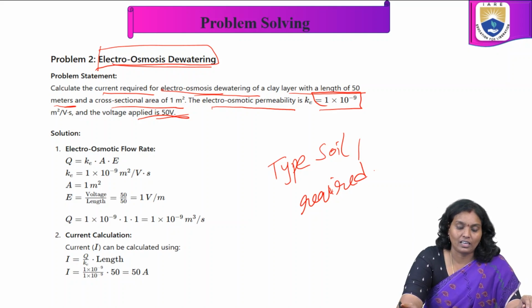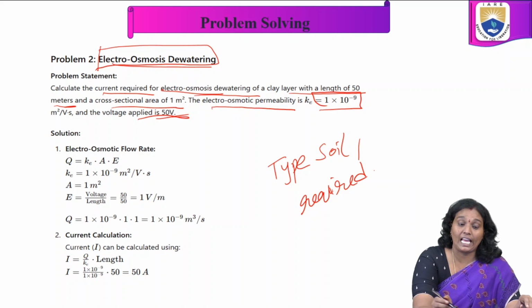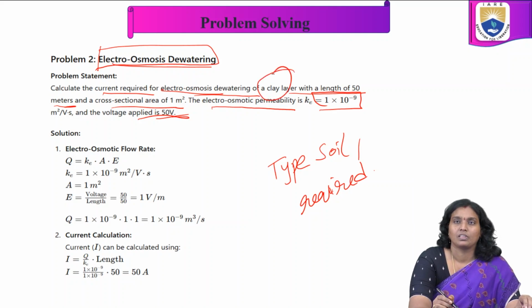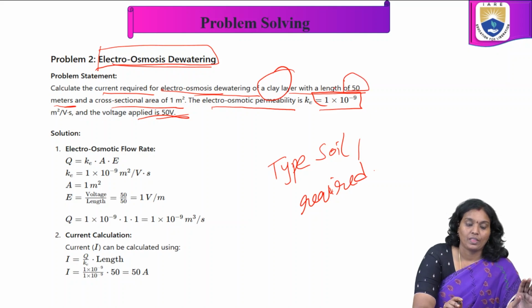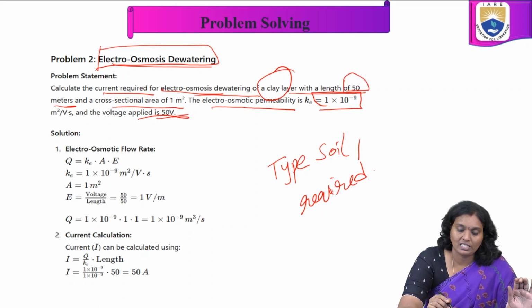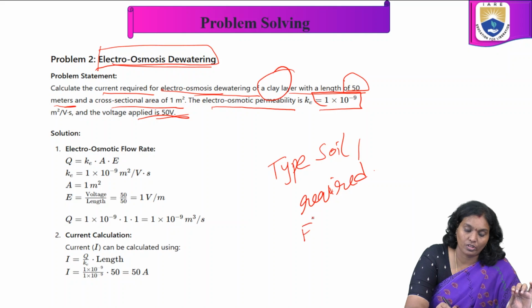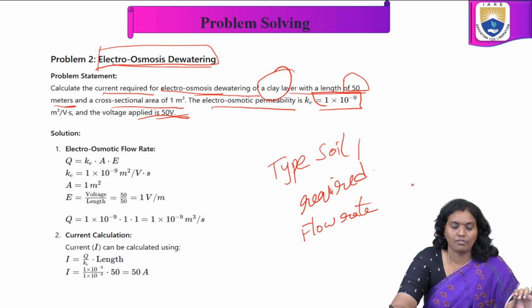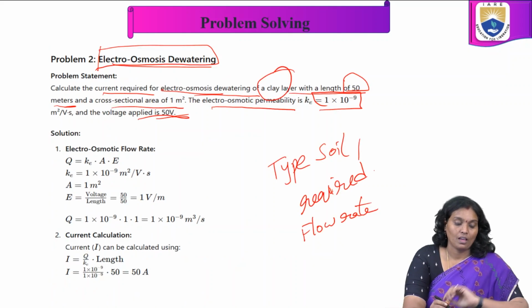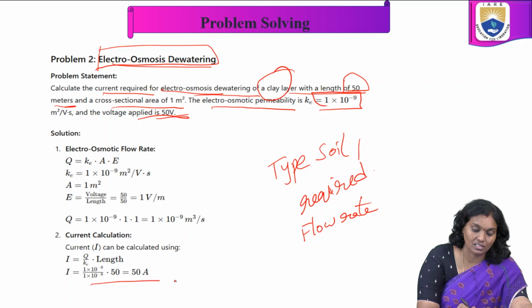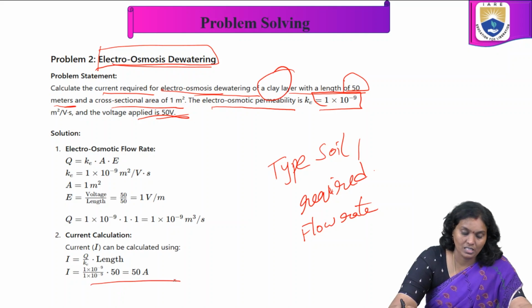So here is electro-osmosis dewatering of a clay layer with a length of 50 meters. The first thing we are going to do is find the electro-osmotic flow rate, and after that we are going to calculate the applied current.